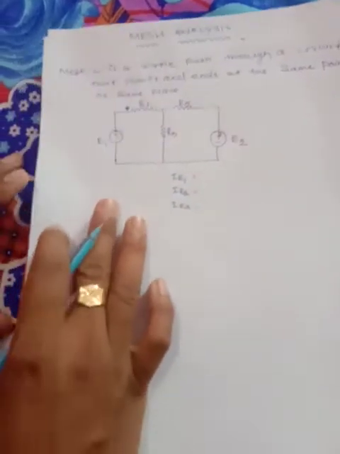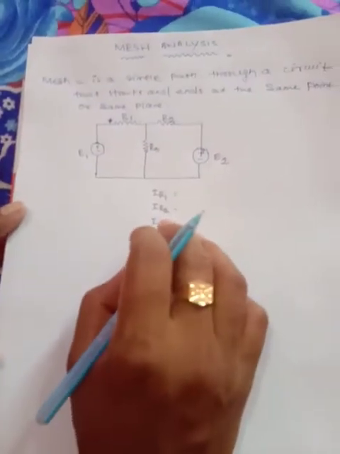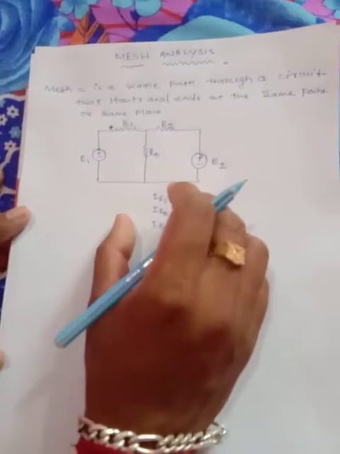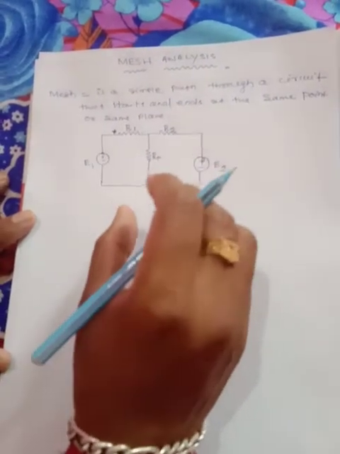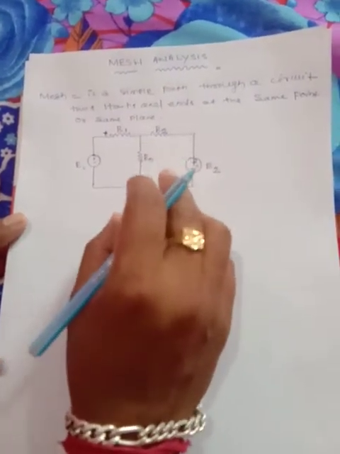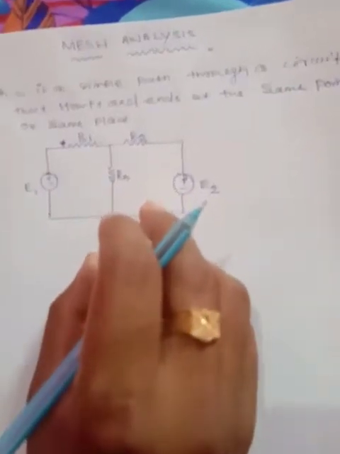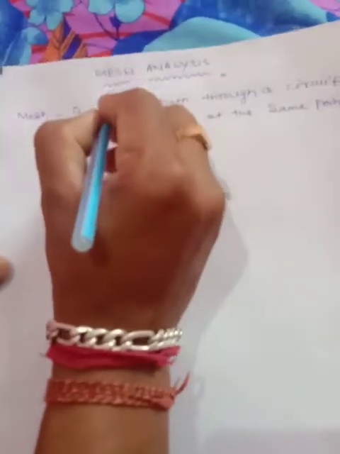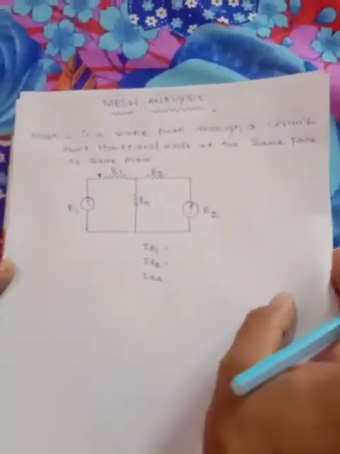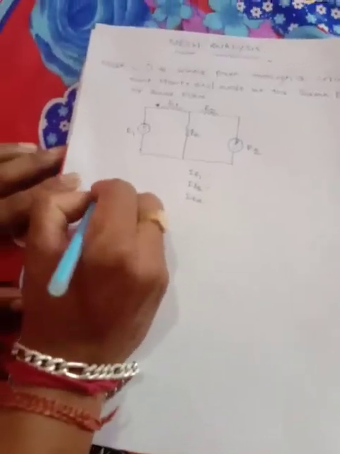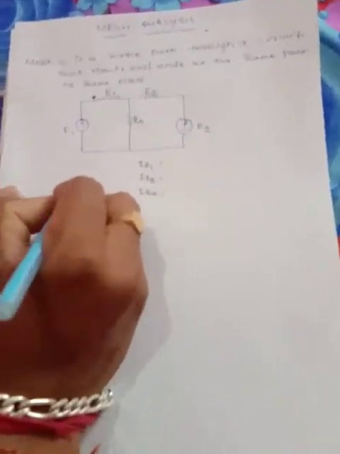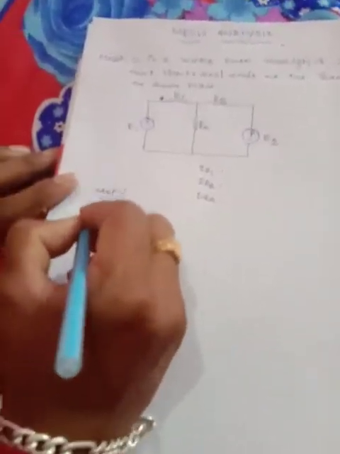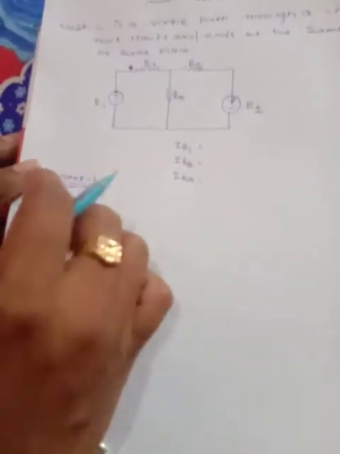So let's start by applying the mesh analysis method in the loops to find the branch currents, which is automatically the application of Kirchhoff's voltage law. Kirchhoff's voltage law is the main application of mesh analysis. To solve the circuit, we take some steps.